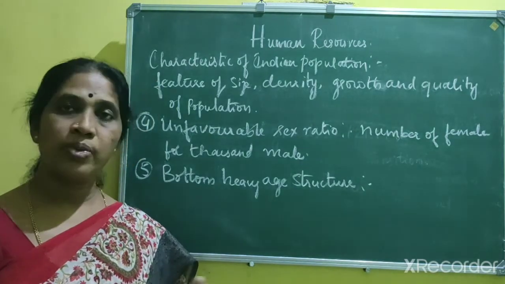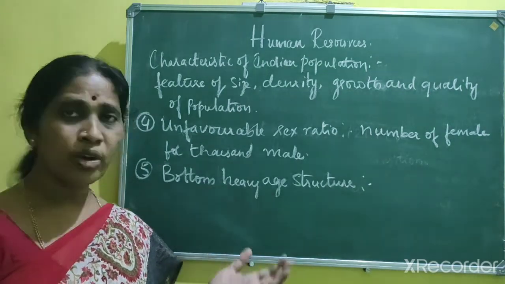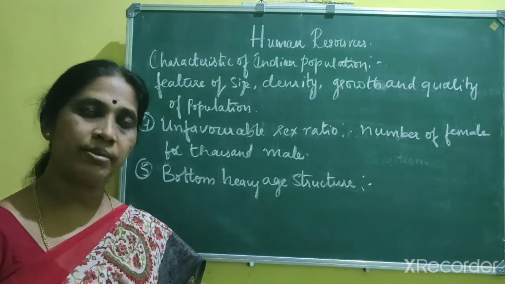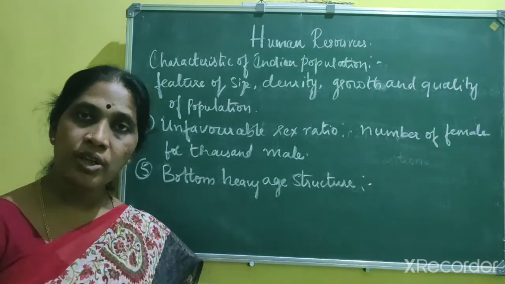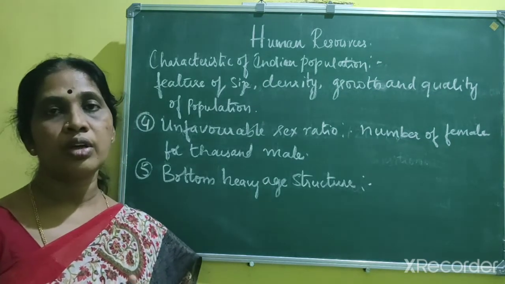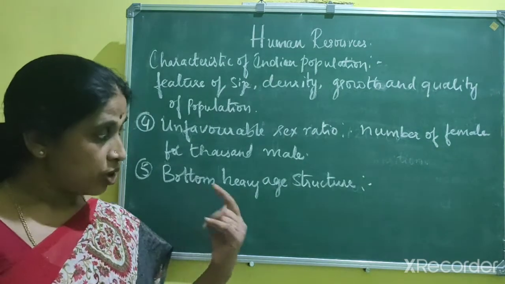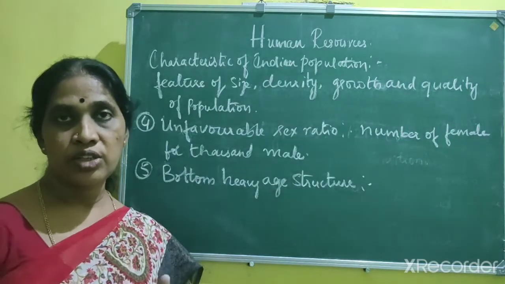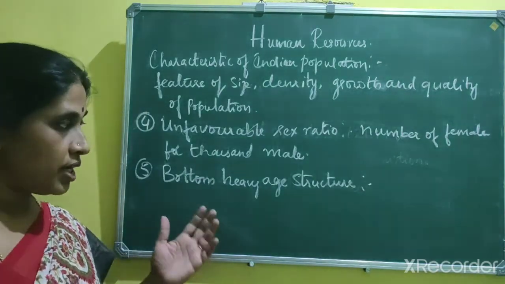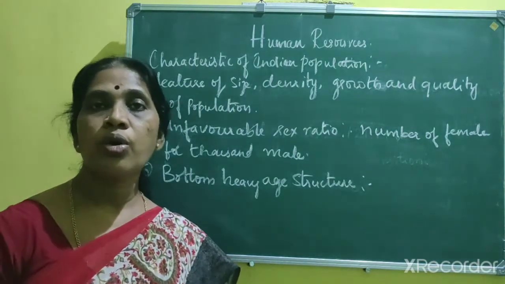In a developed country, the population in this bottom age group is very small, about 20 to 25%. So to reduce this age group, it is essential to slow down the birth rate.